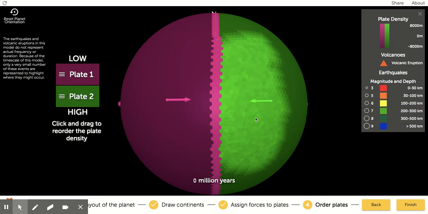So continental crust is lower, and we need to switch this around. The green continental crust is low density because it is, and our ocean crust over here is a higher density. Make sure you have it set up like that.